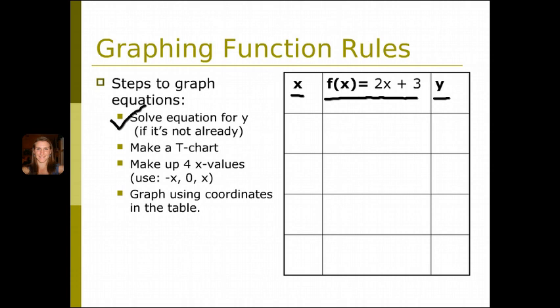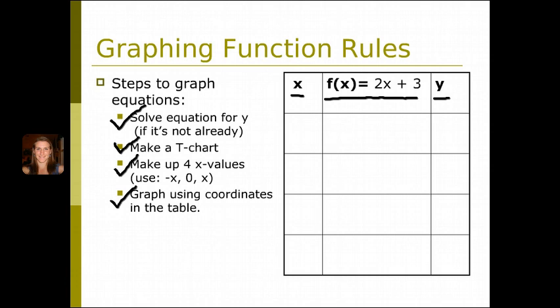Then we draw our t-chart if it's not already drawn for you. And then you need to pick up to 4 x values using a negative x, 0, and a positive x. So you can choose any numbers that you want. Generally it's nice to keep the numbers under 5 or 6 so your graph isn't going to be extremely large. And then once we have our coordinates, we graph them.